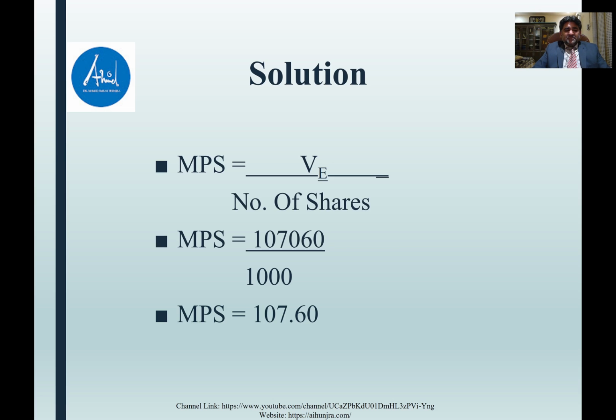But one is the fair price, and the second one is the market price, meaning the price at which the stock is traded in the market. So you can check the difference. If the fair price is greater than the market price per share, meaning the traded price, it means the stock is undervalued.